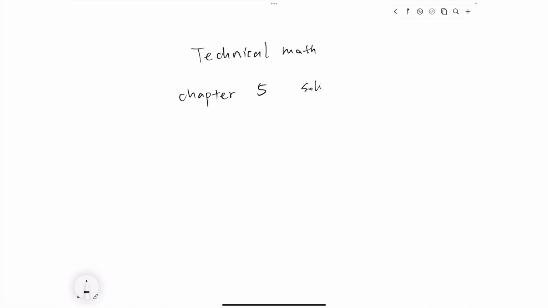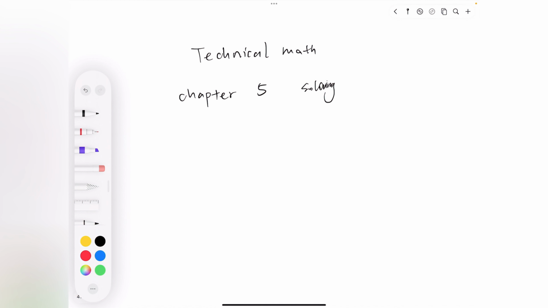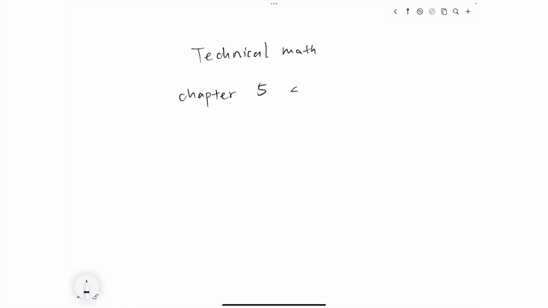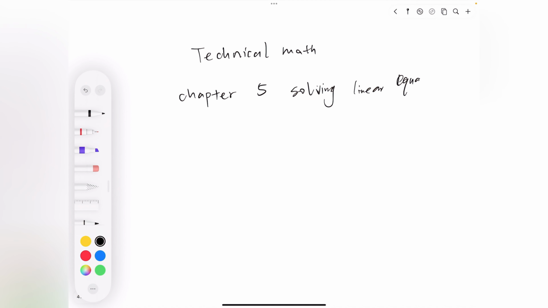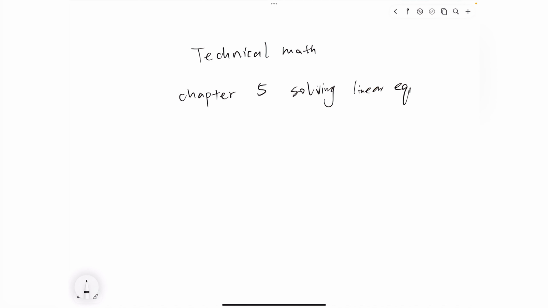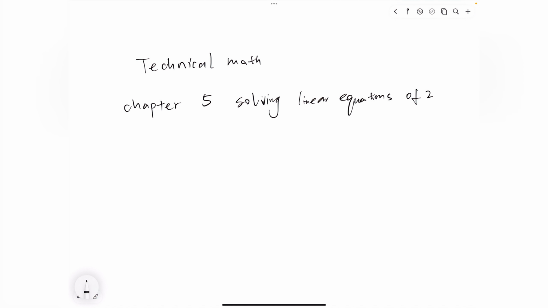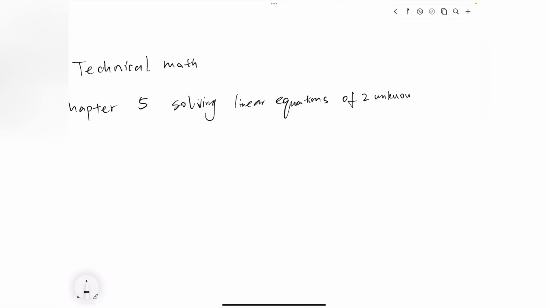It's about solving linear equations with two unknowns or three unknowns.